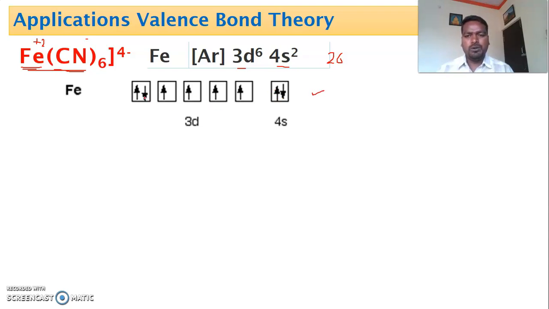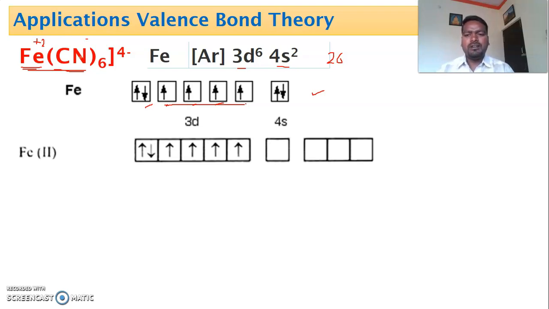According to Hund's rule, first electrons are singly occupied and pairing starts after the completion of unpaired electrons. Here pairing takes place in 4s2. So in the 3d6 configuration there are 4 unpaired electrons in the case of iron, but here iron is in the +2 state.